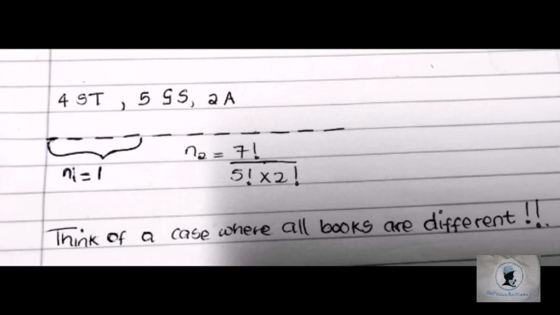So they gave us the position that these surveying books should be in, right? So we know that the books are identical. So this one is the same as saying 4 factorial divided by 4 factorial.